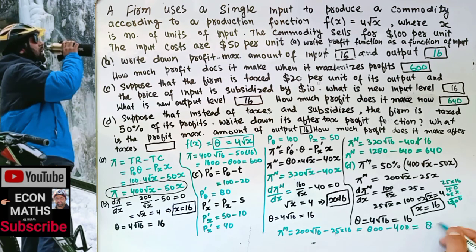So our new profit will be 800 minus 400, which comes out to be 400. So the new profit after tax is imposed on profit will be $400. I hope I make myself clear in this video. Thank you.